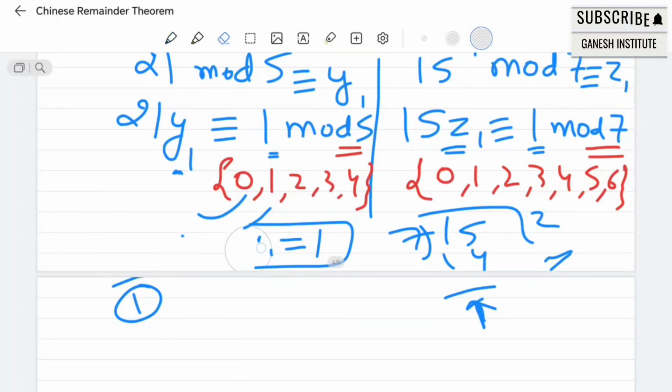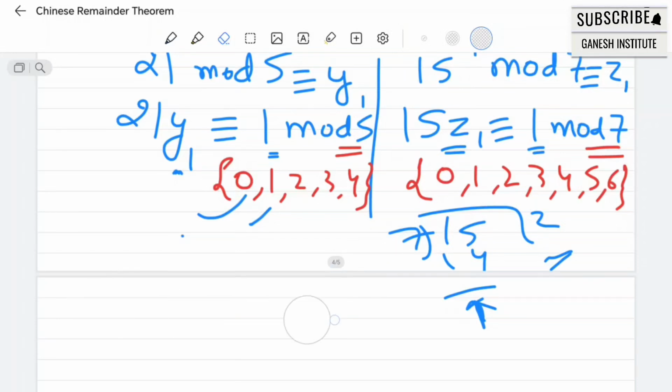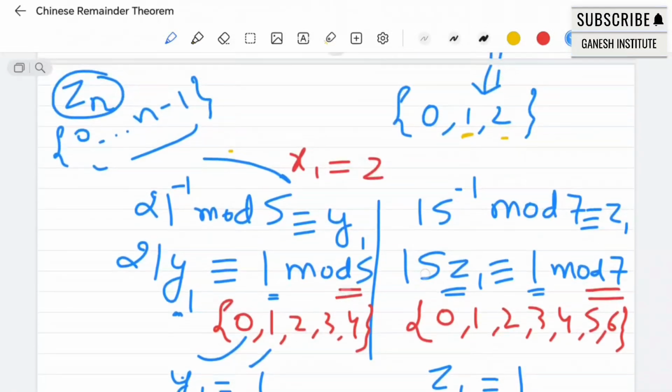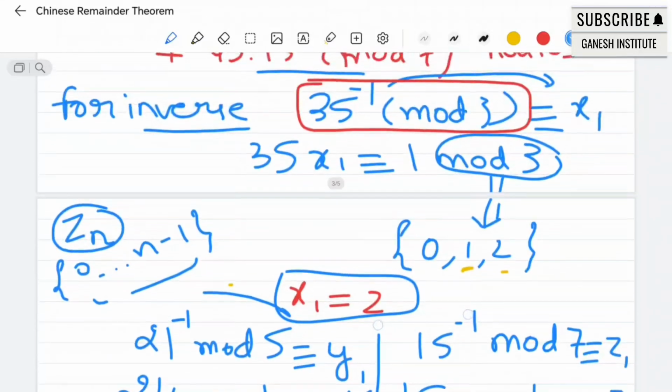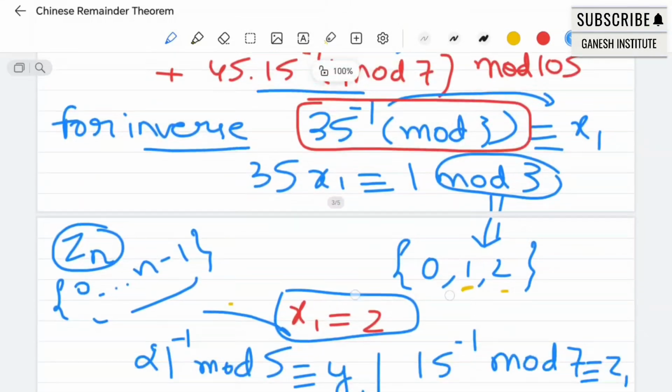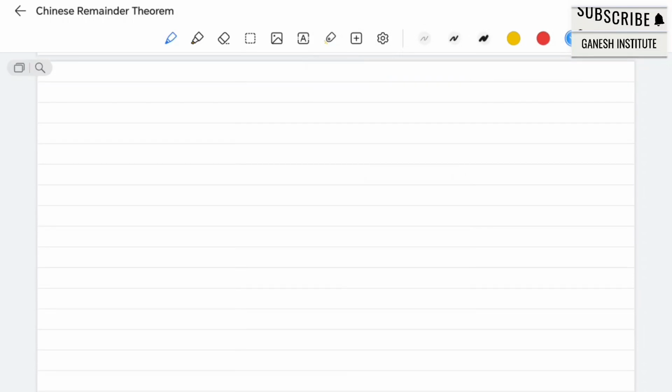So let's put down the values. We've got here y1 as 1 and z1 as 1. We got x1 as 2. So now place all these values here at 3 places. What have we got?